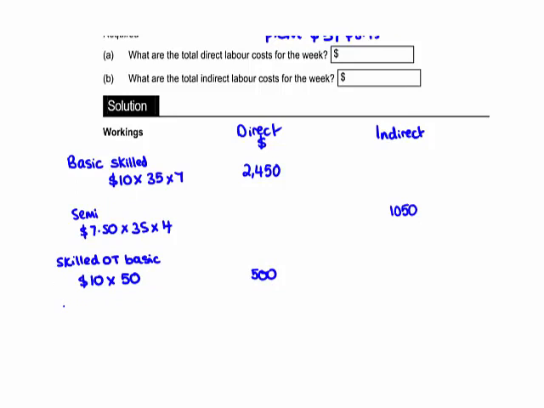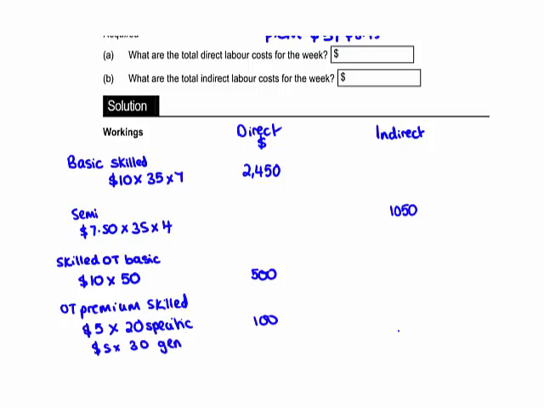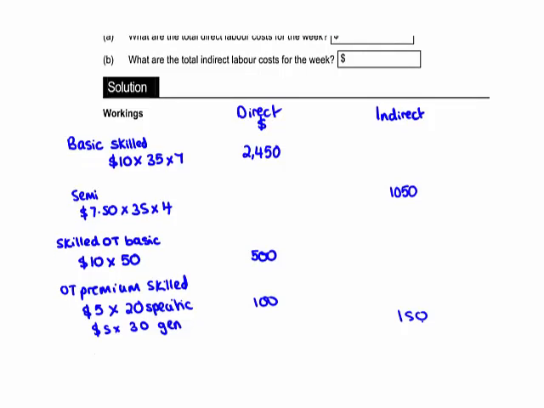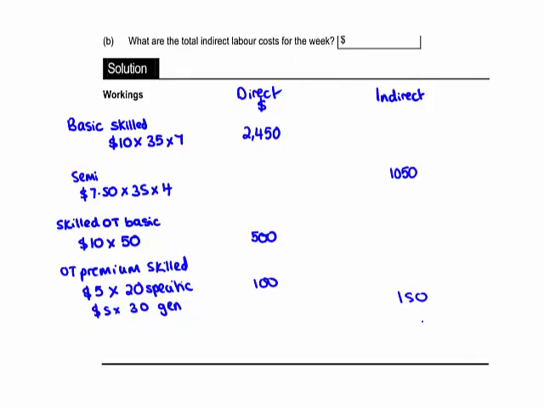But we've then got this overtime premium for the skilled workers of $5 per hour. The 20 hours for the specific order will be a direct cost, but the 30 hours of general production will be an indirect cost. We can then do the same with the overtime for the semi-skilled workers.